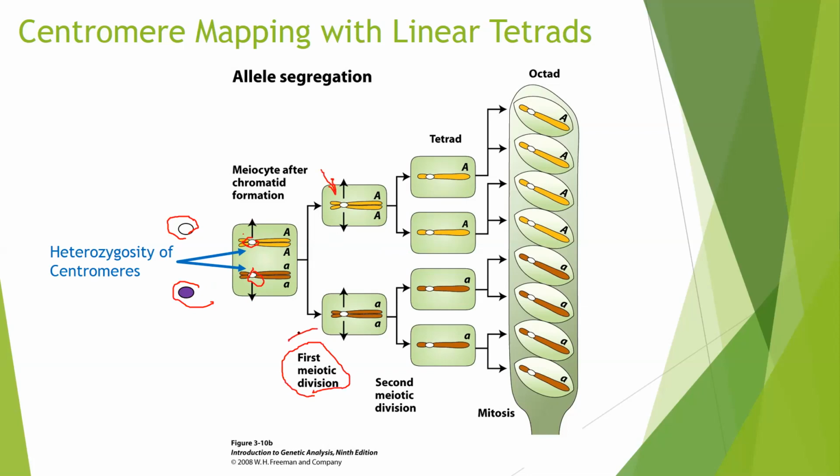We see two daughter cells, and each daughter cell will go through another round of meiotic division to produce two haploid progeny.